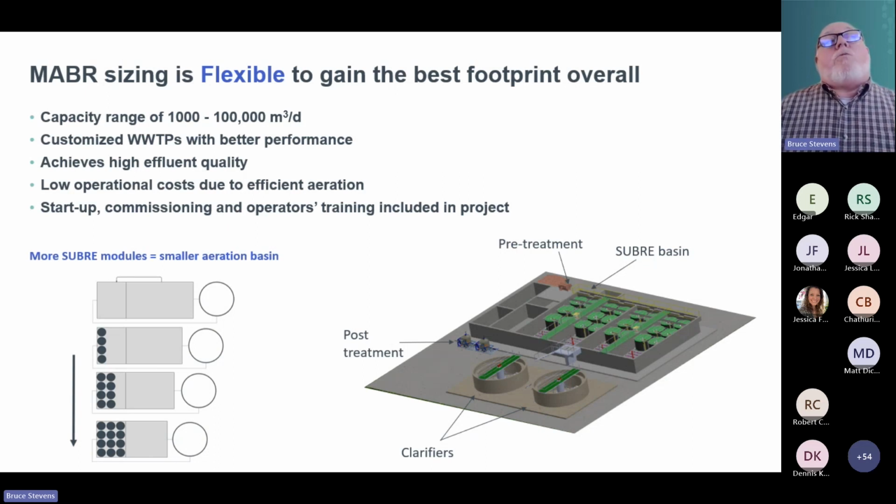We give a 15-year guarantee on the membranes themselves, on the MABRs, but we don't expect to need to honor that warranty because we believe they're going to last 20 to 25 years. If they go as far as an old RBC type system goes, a lot of those older systems were some type of attached growth media or a trickling filter type of design.